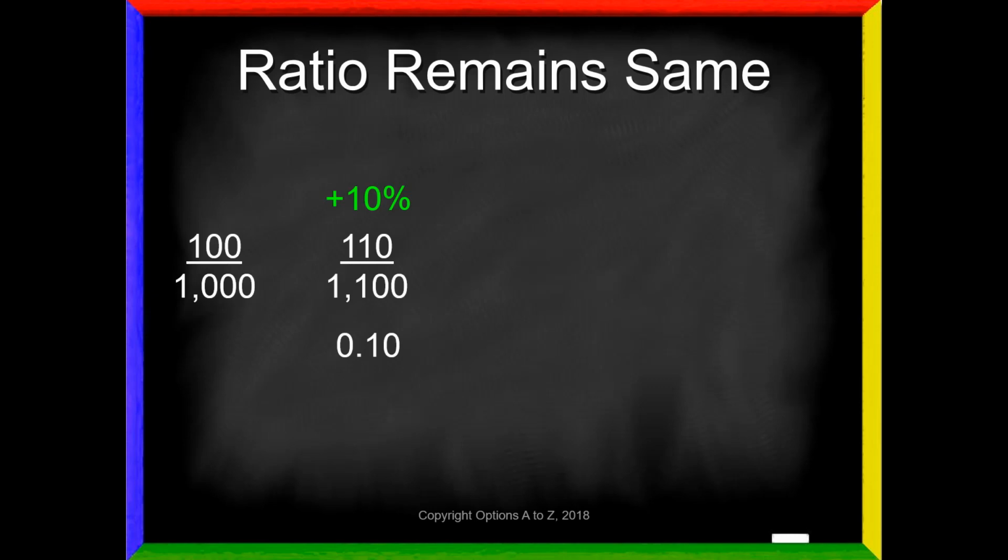It's still 0.1. What if the stock and the index both fell? It doesn't matter which numbers we use, but let's say they both fell 10%. My stock is now trading for 90 and the index is worth 900. But still, 90 divided by 900 is 0.1. The ratio has not changed, because the relative performance has stayed the same.